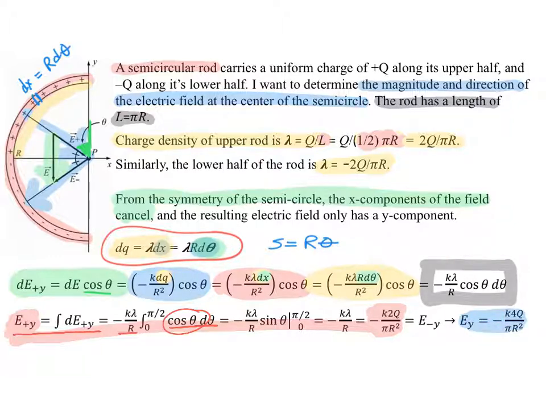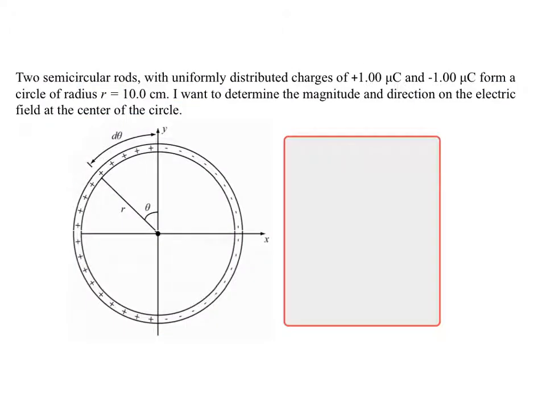That's why it's k 4 q over pi r squared. All right? Any questions on that? Should be relatively straightforward, this basic calculus trigonometry. Alrighty then. I had a question.